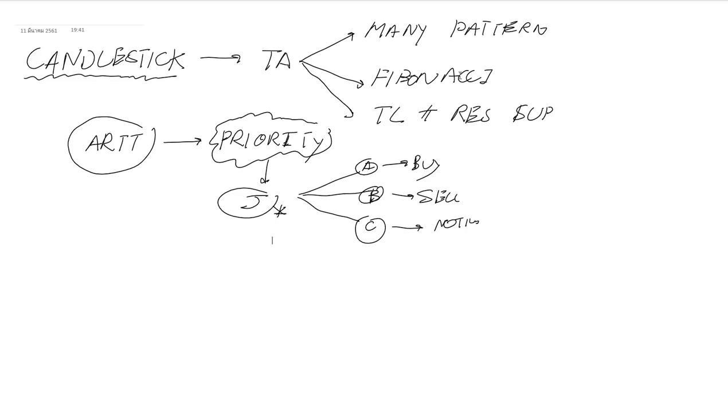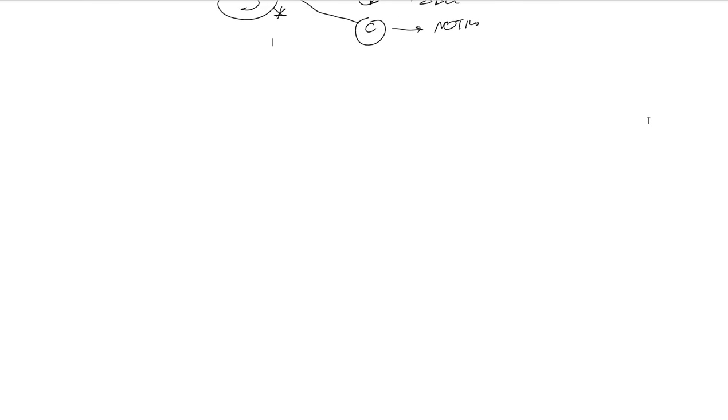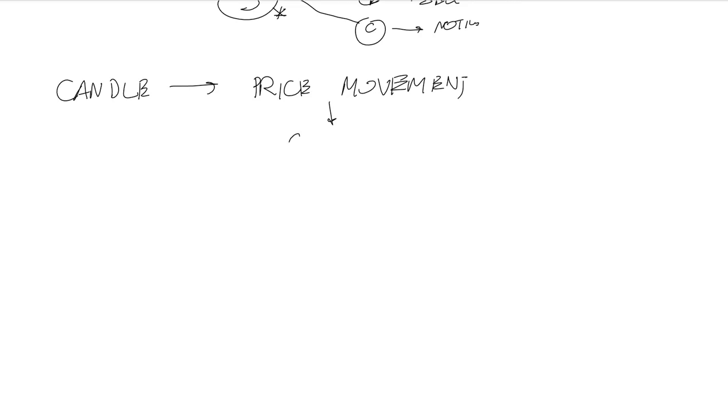Okay, come back. If I want to learn candlestick, candlestick is a part of price movement. That means candlestick is a small part. What is the meaning of small part?